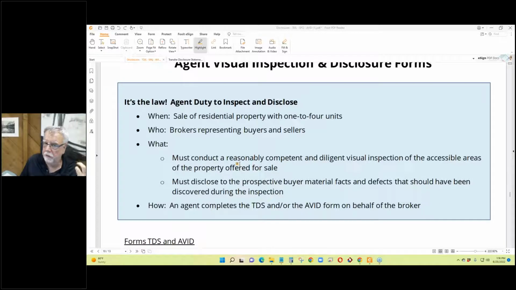It's not required on commercial properties, right? Commercial is 5 or more units in terms of a residential building. It's not required on a new home subdivision. But if, let's say, it's a probate, it's a trust sale, something like that, so the seller doesn't have an obligation to do a TDS, you as the listing agent still have to do an AVID.